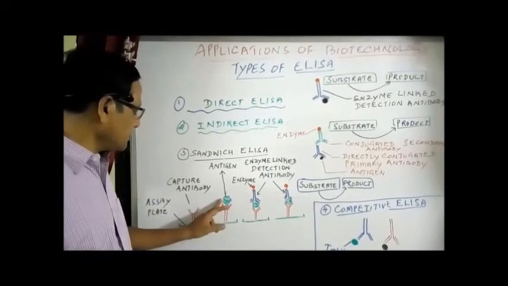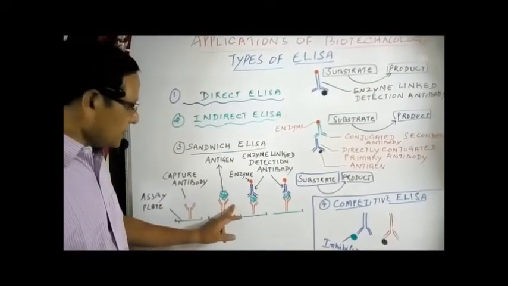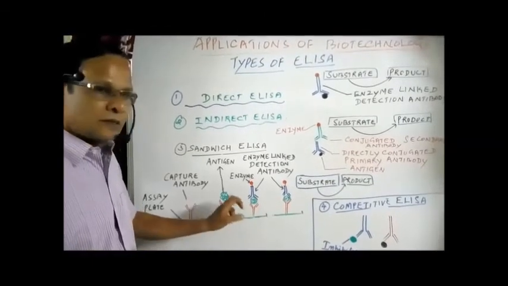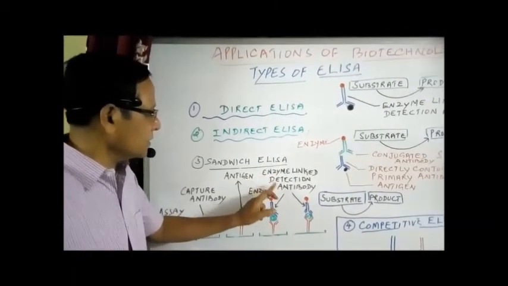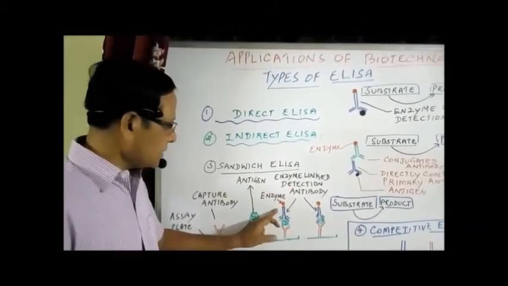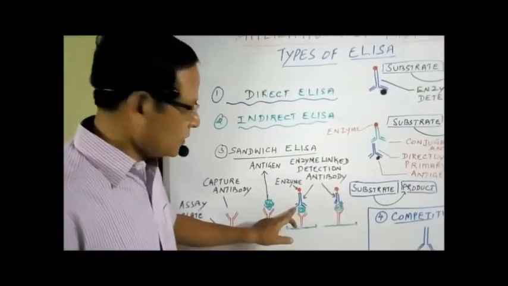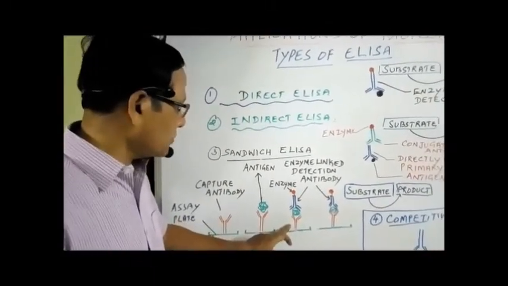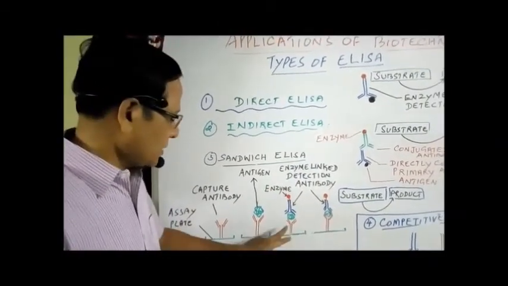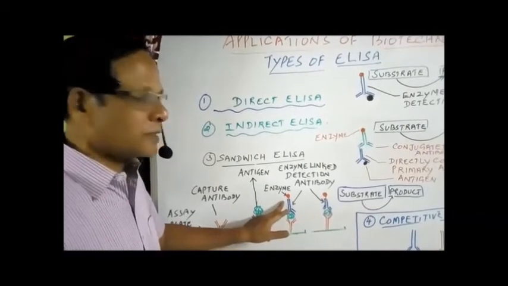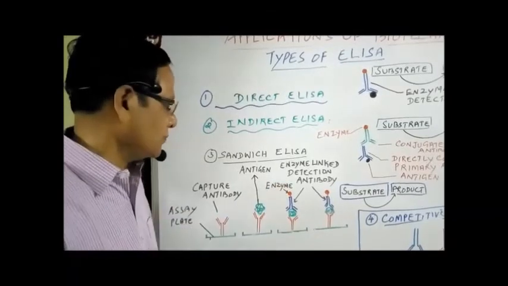The antigen is captured by this antibody, then the antigen binds with another antibody, called the enzyme linked detection antibody. The antigen is sandwiched between the capture antibody and the enzyme linked detection antibody.